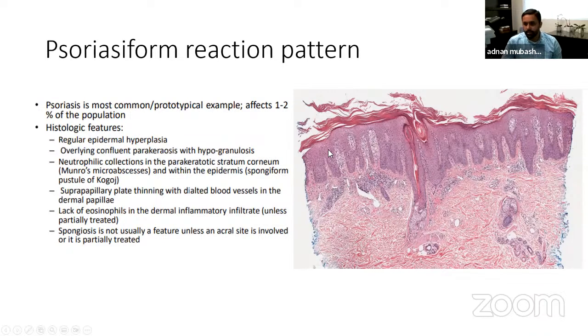Because of this elongation of rete ridges into the dermis, the papillary vessels will be kind of not entrapped, but kind of going into the epidermis, making the suprapapillary plate thin. So you will have thinner areas of skin and thick areas of skin. And on top, you have this plaque of parakeratosis, and within the parakeratosis, you will see neutrophils. That is the classic histological and clinical picture of psoriasis.